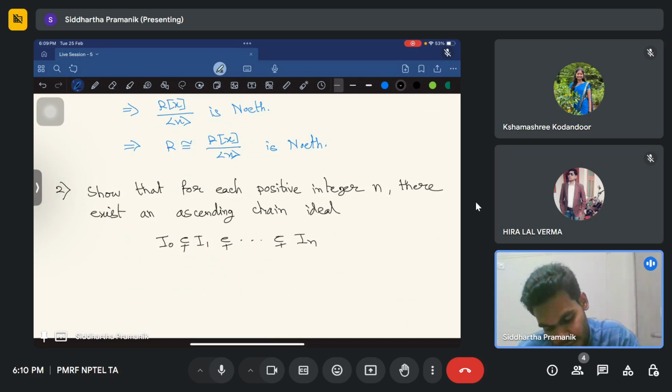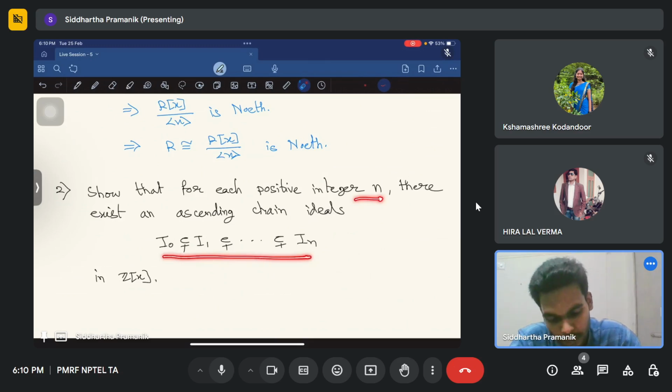There exists a strictly ascending chain of ideals like this in Z[x]. However large a positive integer you take, you will still get an ascending chain of that length.